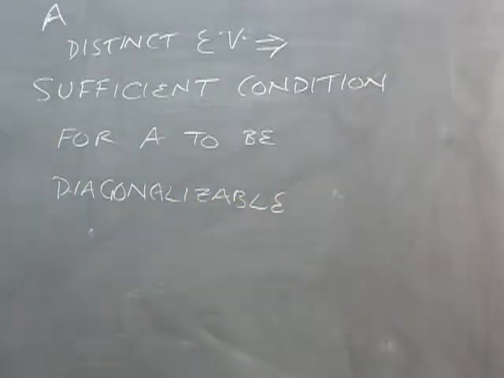This word is not in most spell checkers. Diagonalizable, which means I can make it into a diagonal matrix.